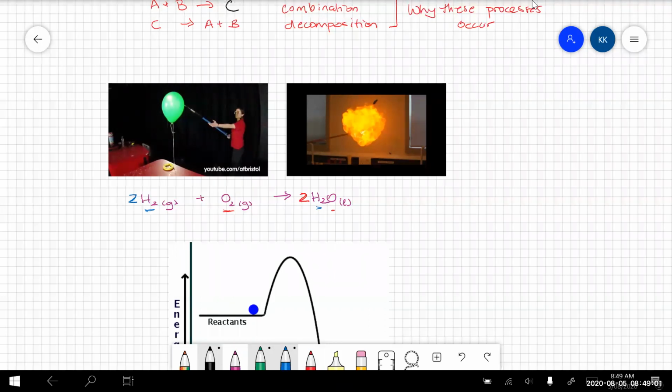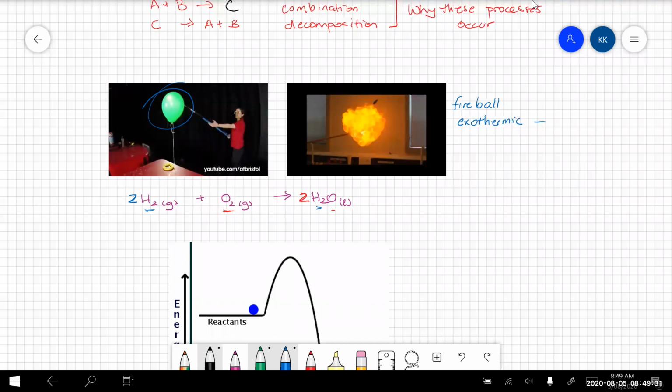And what we see, if you can see your balloon of hydrogen here, when you ignite it with a match or usually a candle on a stick so you can stand a long way away, you get this wonderful fireball when the hydrogen and the oxygen react. Now, this is a really exothermic reaction.